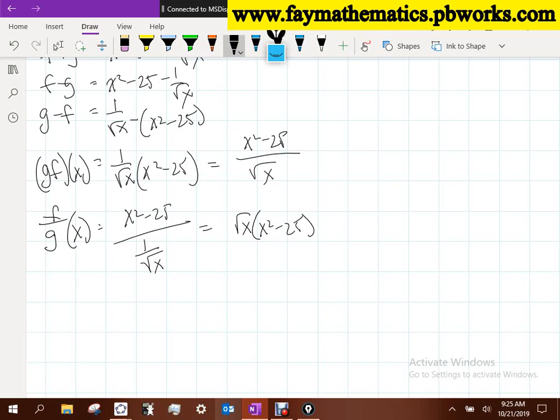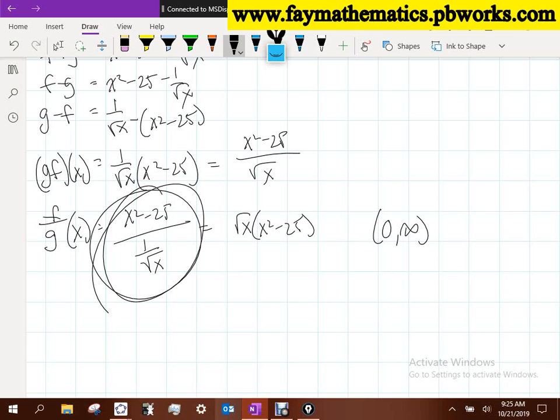So that's the idea that I need to make sure that no matter what, your domain is A intersect B. So even though there's no algebra here that says 0 should be an issue, it is indeed an issue because this is what it came from. And it's an issue where I've got something circled there, right? Does that make sense? Okay. Doesn't look like it's an issue when I simplify, but because of what that simplification came from, 0 cannot be included. That's why we always got to say A intersect B.